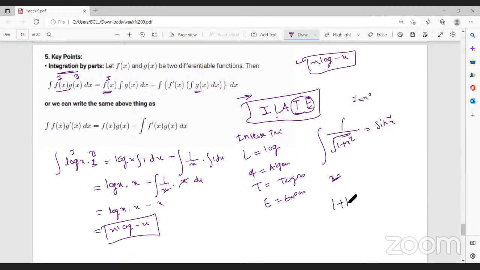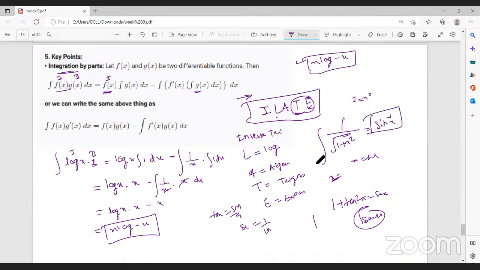So I have 1 plus tan square x equals sec square x, right? So I can put x equals tan x. It will be sec square x. Then instead of sec x, you put 1 upon cos x, instead of tan x, you put sin x upon cos x. And substitute, you will get sin inverse x. Okay. Yes, sir. Got it.